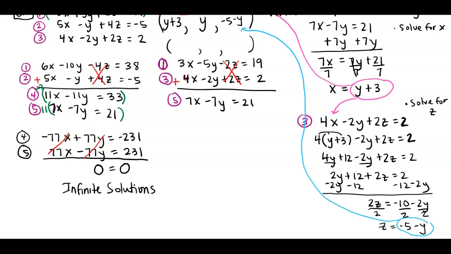If we were trying to find any kind of ordered triple, we can see there are a lot of different things that could come up. So if I say that y is 0, then 0 plus 3 is 3, and then negative 5 minus 0 is negative 5. So here's one possibility for an answer, but that's not the only answer, right?